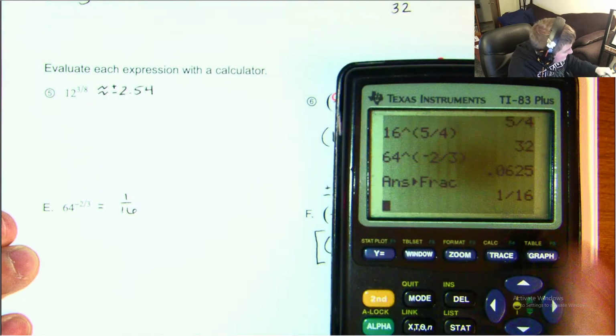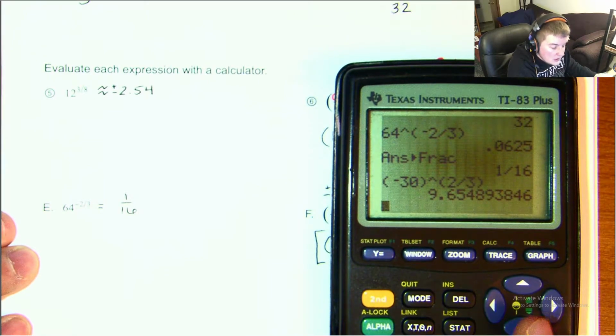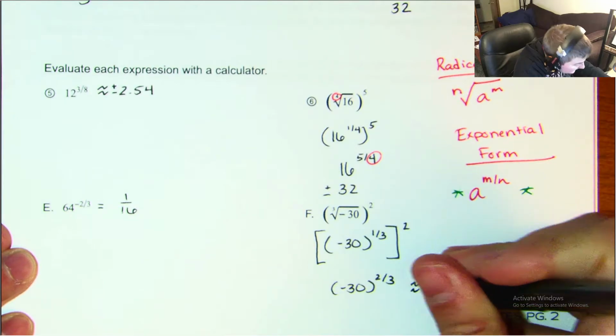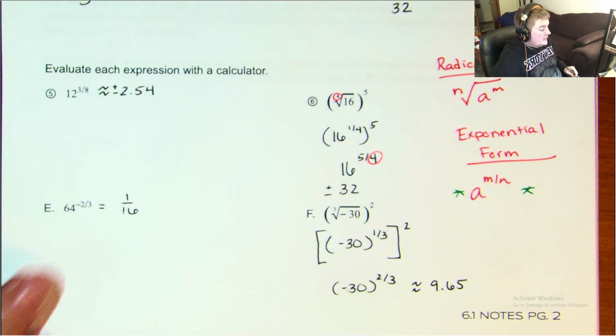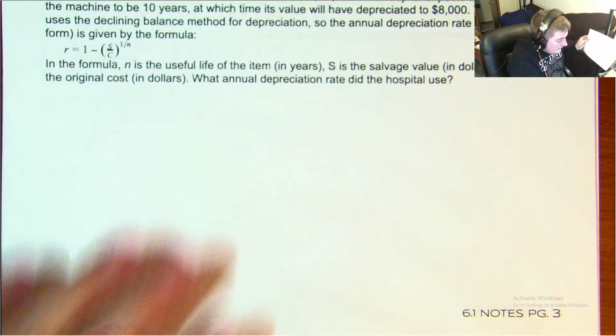I can just type this into the calculator. To the 2/3 power. Okay, it gives me some wonky number, which does not simplify into a fraction, so we can round that to the nearest hundredth. So this is approximately 9.65. Okay, so that's mostly just how these radical and rational exponents relate to each other, and how we can manipulate them.